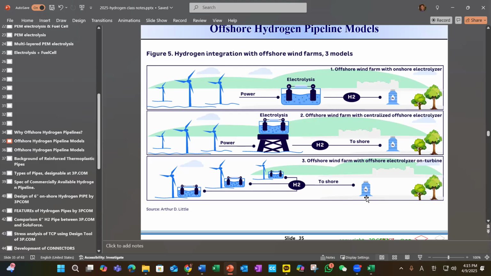Then we can store it in another tank or distribute it onshore.